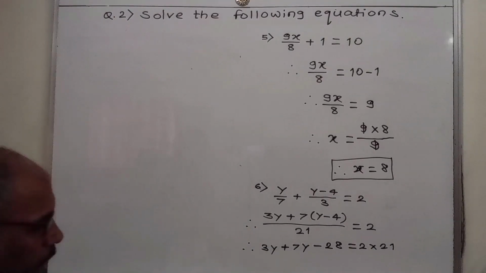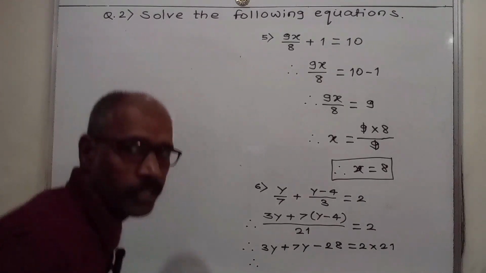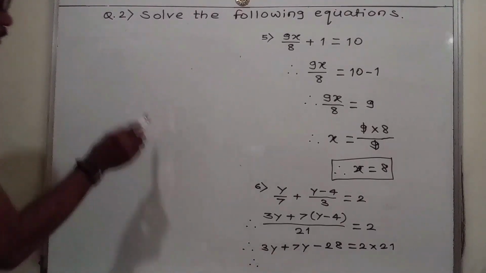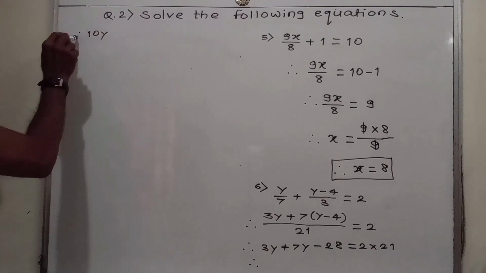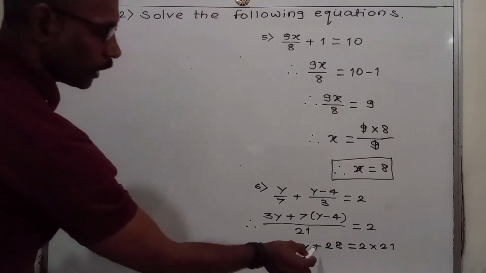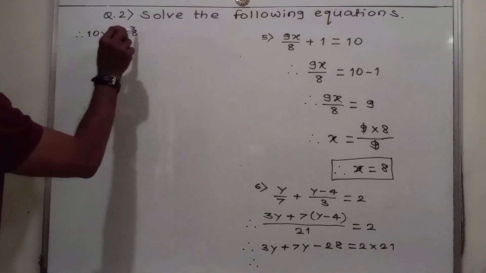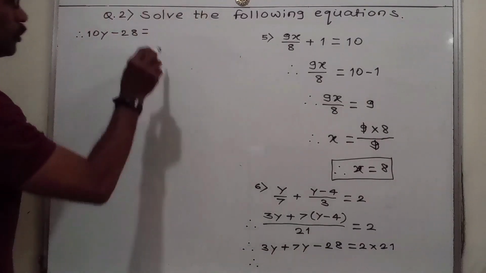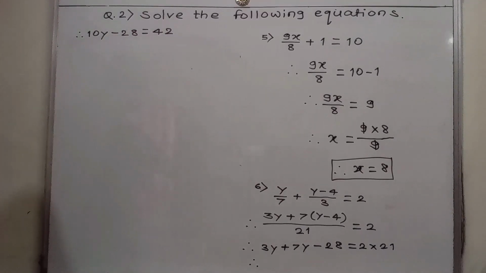Did you get it? Then see this. We write here 3y plus 7y. What is 3y plus 7y? 10y minus 28 is equal to 2 into 21, 42. Then what is the next step?